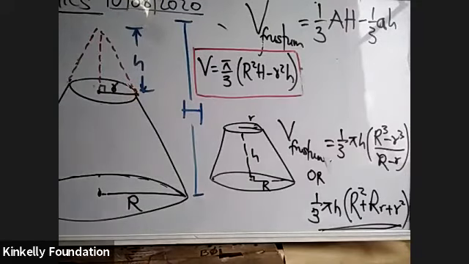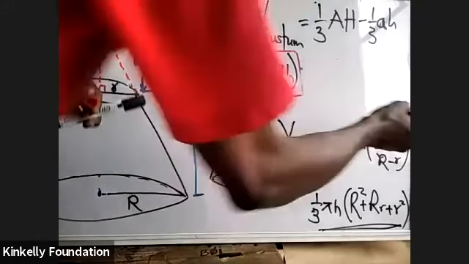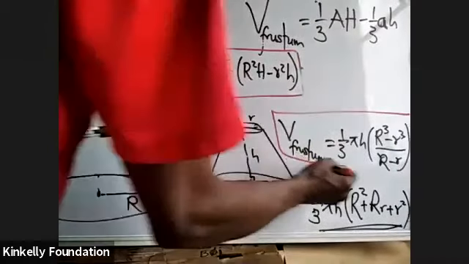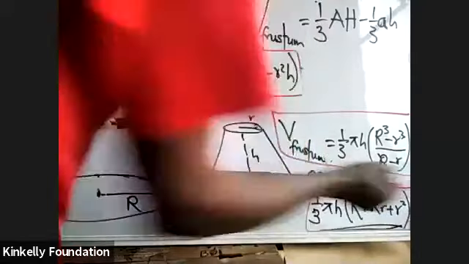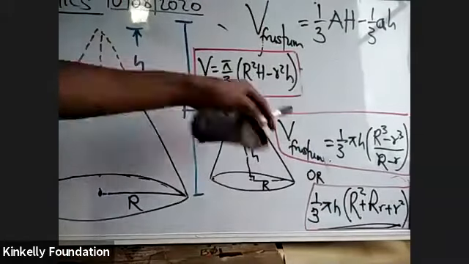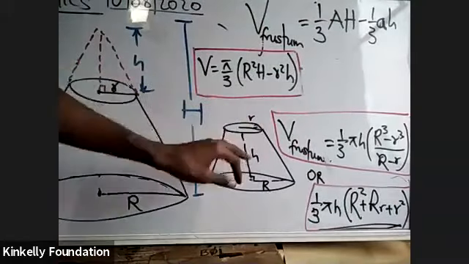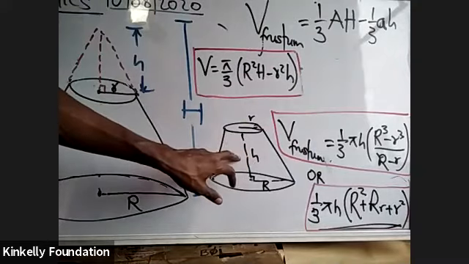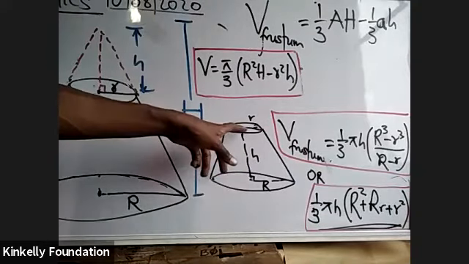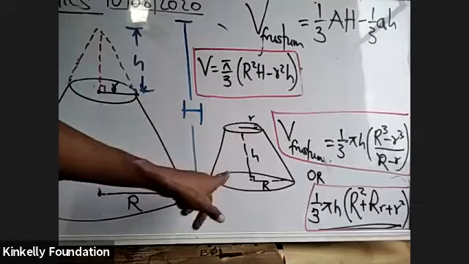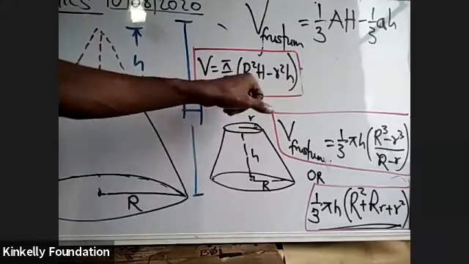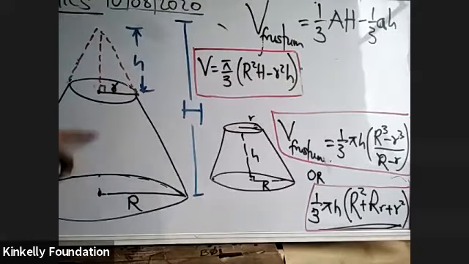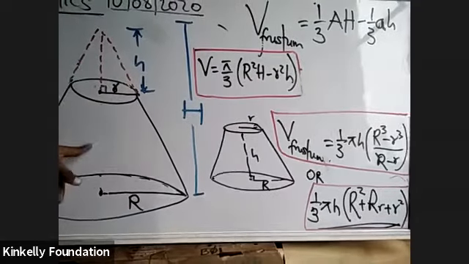So these three formulas can give us the same values. But one specific thing about this one is that the height of the frustum has been given, with the radii on this side and this side. But in other cases, you may not know the height of the frustum.